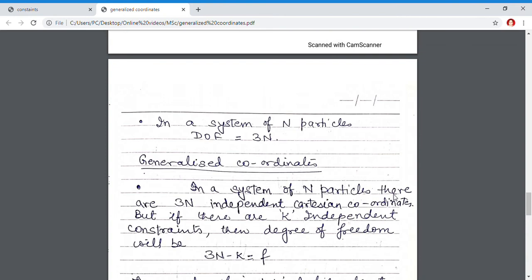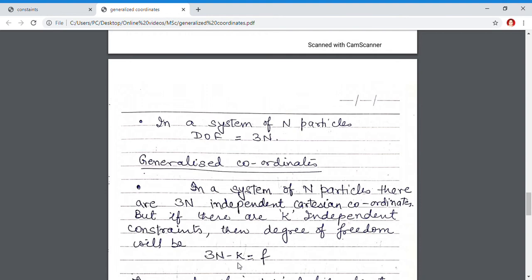Now, if the system is free, there are 3n coordinates. Now, what I am doing is that I am imposing k independent constraints on the system. Now, in this condition, the degree of freedom will change. The degree of freedom, which initially was 3n, I have imposed k constraints. Now, degree of freedom will be equal to 3n minus k.